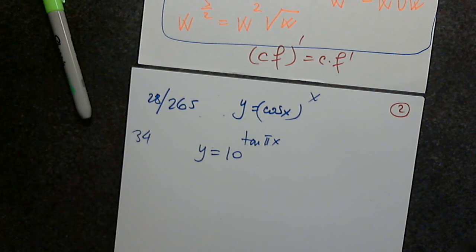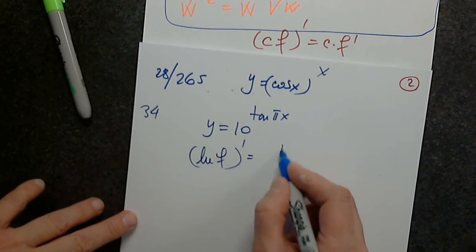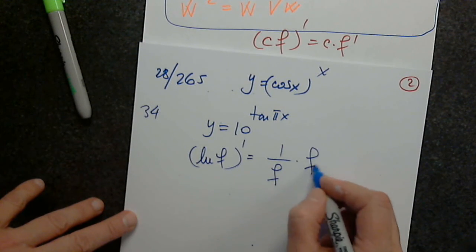How are we doing? Check the formula for the differentiation of natural log. Okay, so natural log prime is 1 over that expression times the expression prime. So let me write it down for you. The natural log of a function prime is 1 over the function times the function prime.